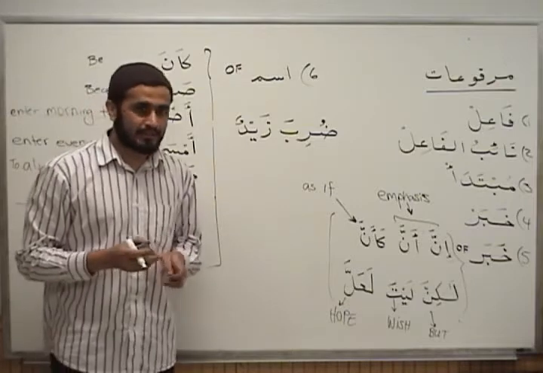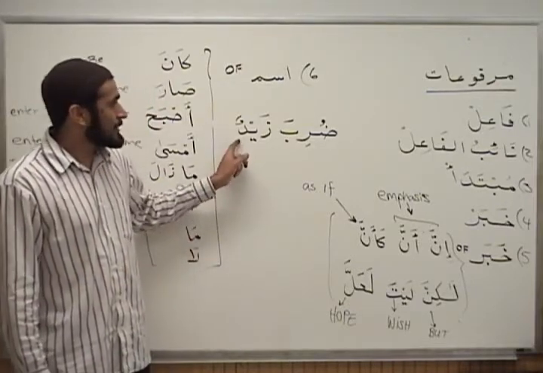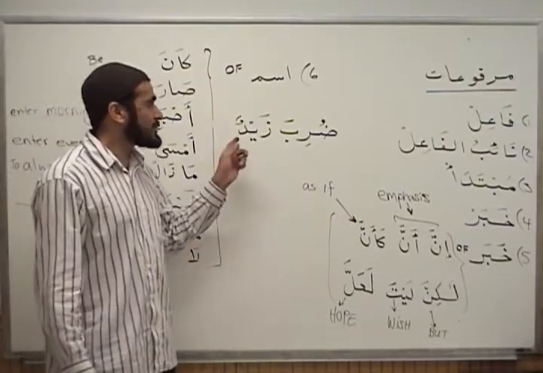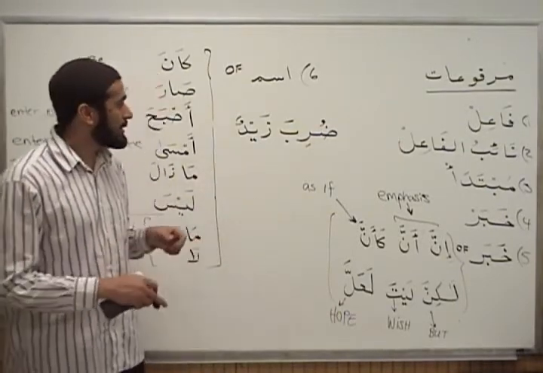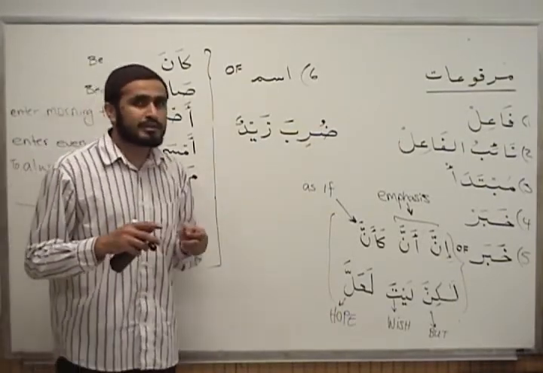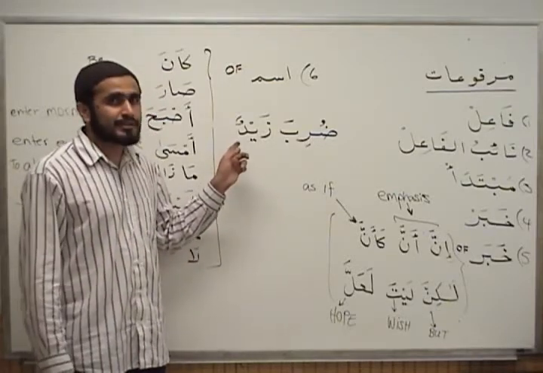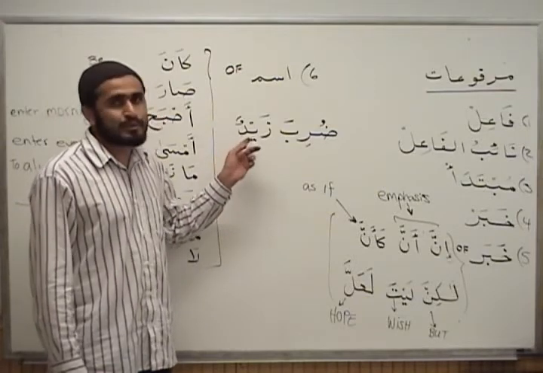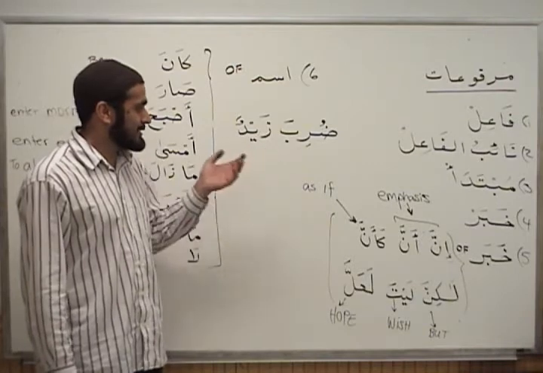Zayd was beaten. Zayd in this case is called na'ibul fa'il. It's a substitute of fa'il because it's actually the receiver of the action. Zayd was beaten by someone else, but the doer of the action is not mentioned, but the receiver is mentioned. And that's why it's called na'ibul fa'il, because it has been put in the place of the doer of the action in this sentence.